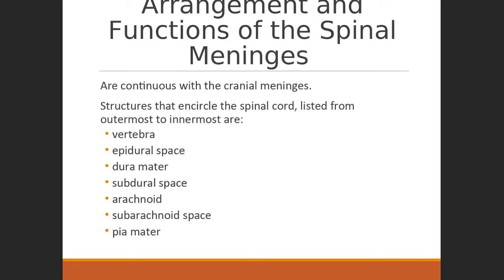On the very surface of the cord or the brain, we have our pia mater, extremely thin and fragile, sitting right on the surface of the neural tissue. The next is our arachnoid mater, still pretty thin and fragile, but not nearly as fragile as the pia mater. You can get pieces of this off without it just disintegrating.